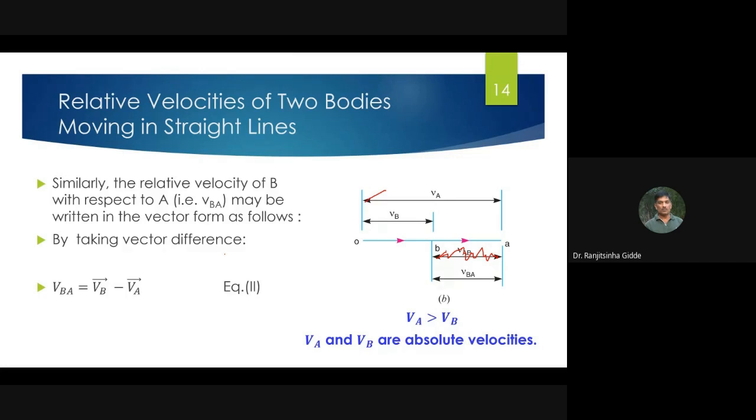next line, VBA, that means relative velocity of B with respect to A is equal to vector VB, this magnitude minus this.